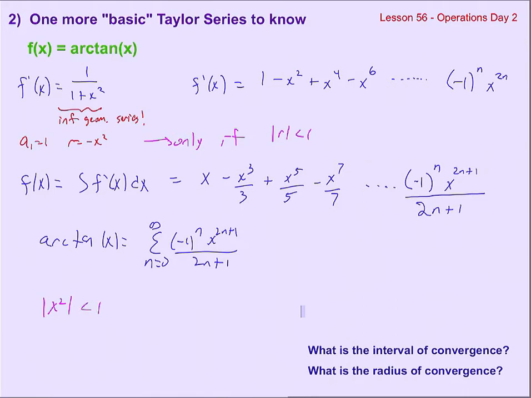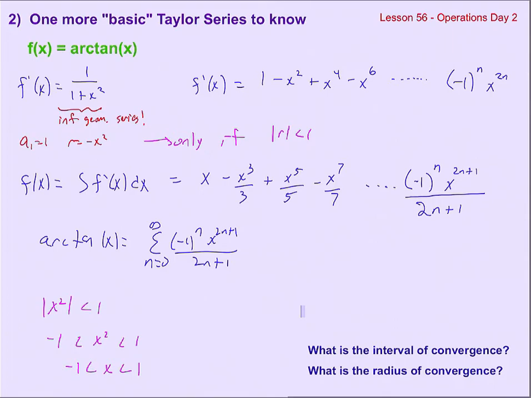Which means that x squared itself has to be between negative 1 and 1. Well, x squared can never be less than 0 anyway, so it doesn't really matter for us. But we do need to make sure that x is between negative 1 and 1, so that when we square it to get the r, the common ratio, it's still less than 1.